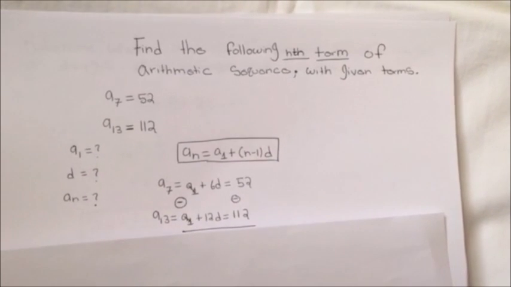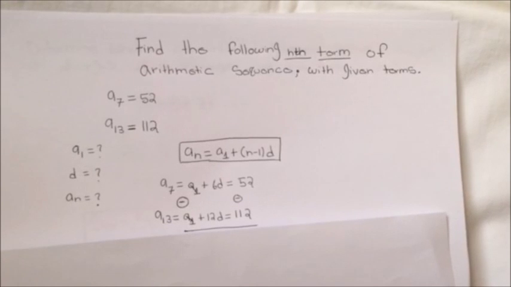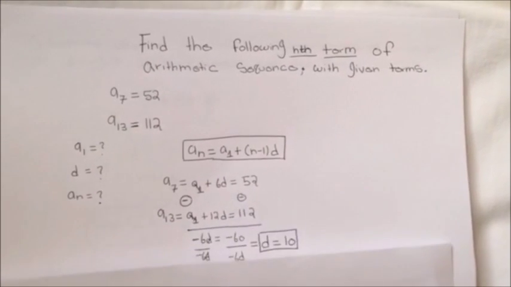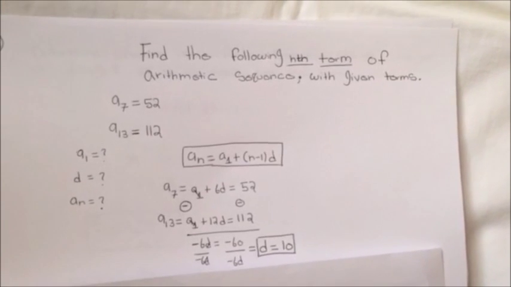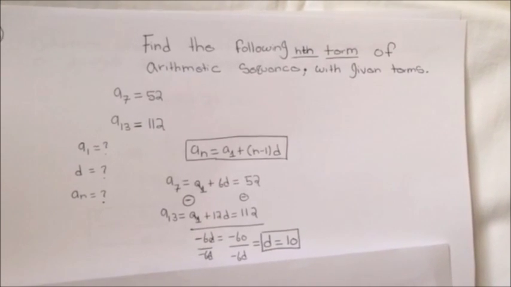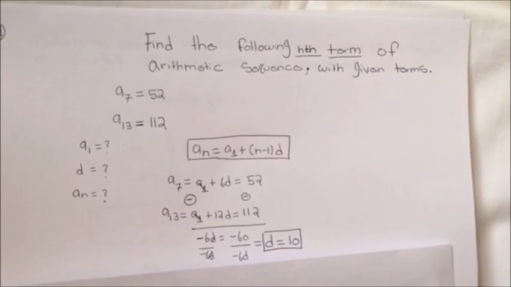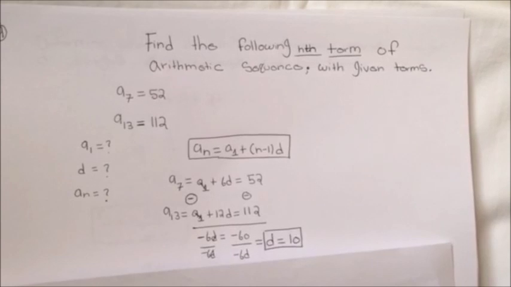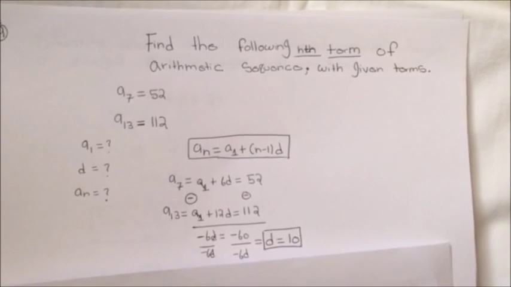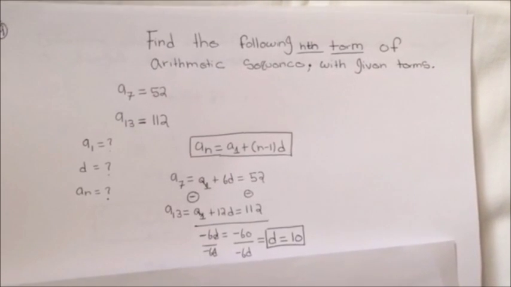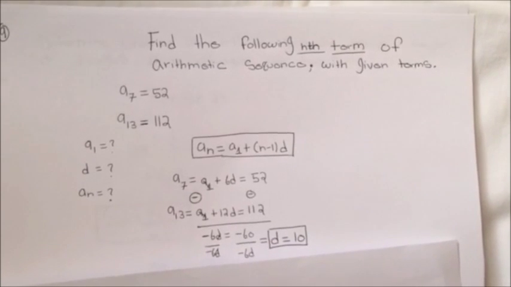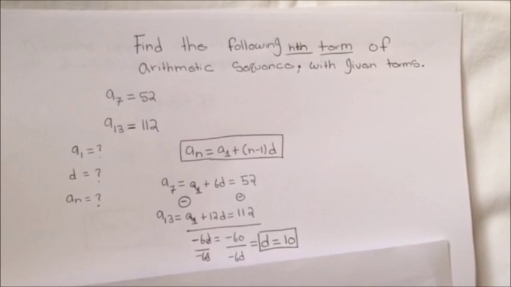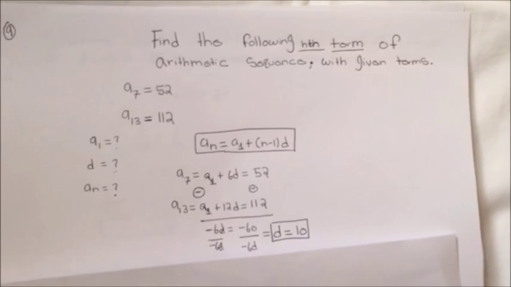So we subtract the equations. a1 minus a1 cancels out. 6d minus 12d gives us negative 6d equals 52 minus 112, which equals negative 60. Negative 60 divided by negative 6 gives us our d, which is equal to 10.